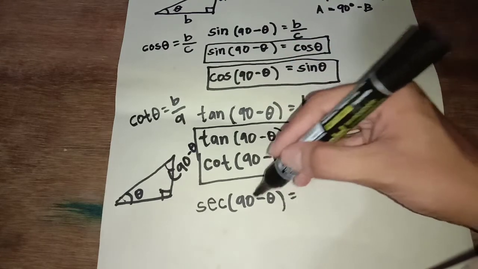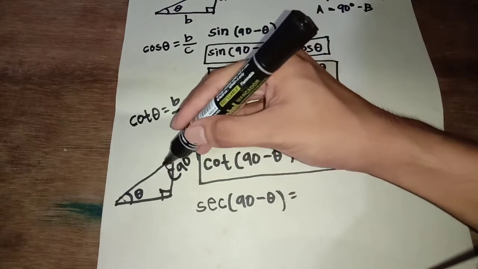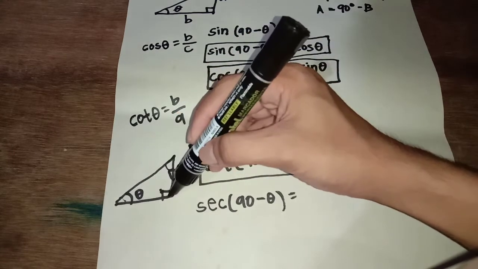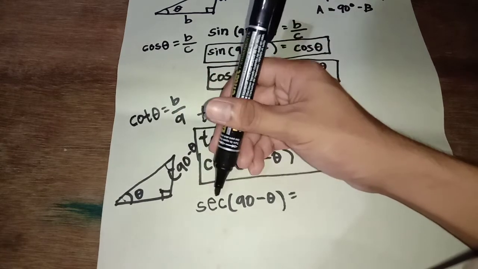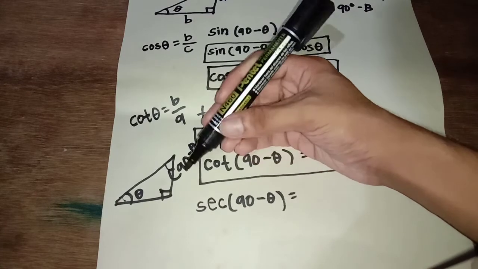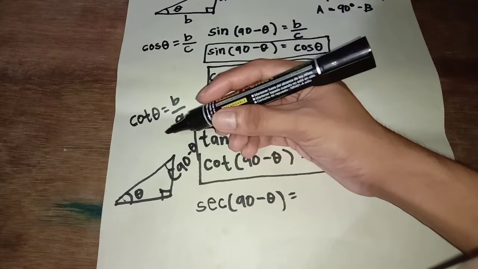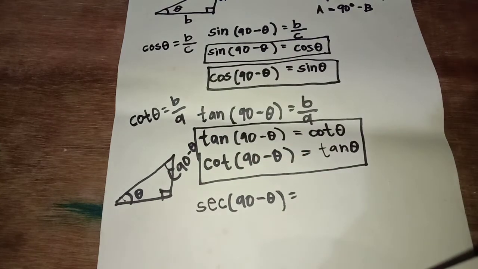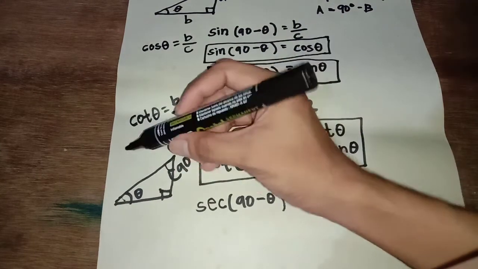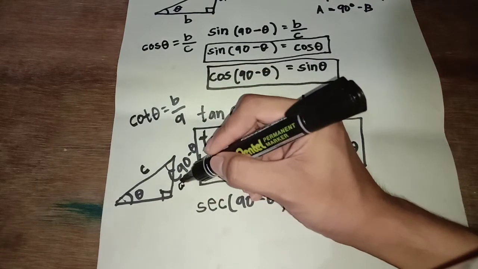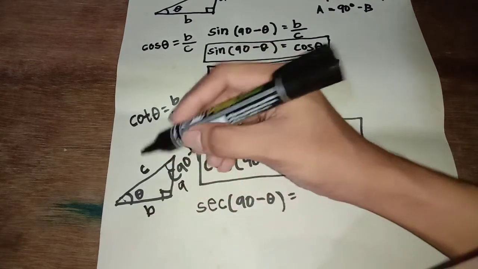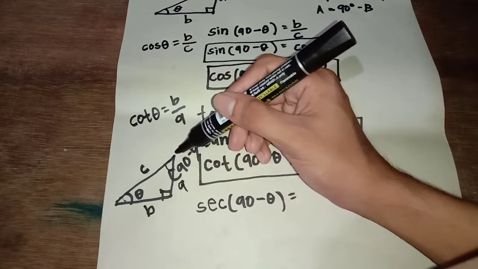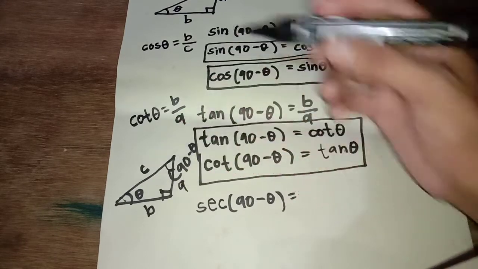So kung secant 90 degrees minus theta, this is the reference angle. Ang opposite side niya ito, ang adjacent side niya ito. But since secant 90 degrees minus theta is equal to hypotenuse. So C, so A, B, hypotenuse over the adjacent side A. So C over A.